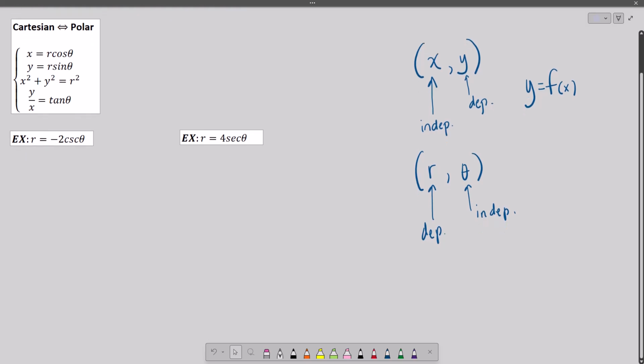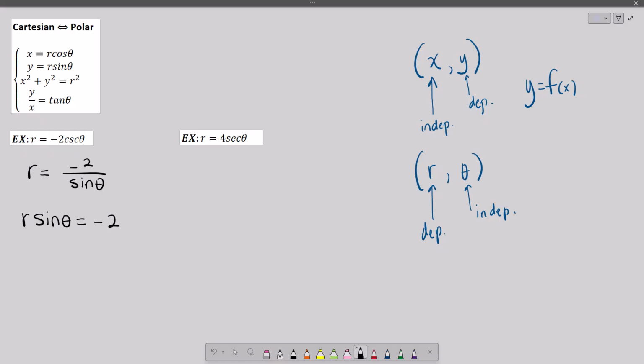So when we look down here at these polar curves, whenever we have a polar curve, if we can isolate r, we will. Now our equations that take us back and forth don't have cosecants or secants. So the first thing we want to do is try to convert this over to the trig functions that we see in our four standard equations. It's not too big of a stretch to realize that if we multiply both sides by sine of theta, we have now matched.